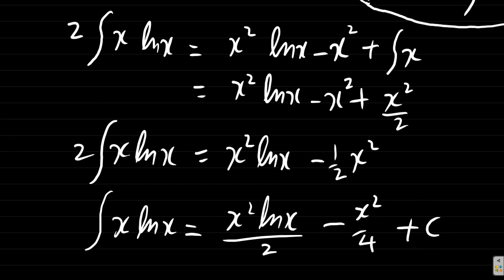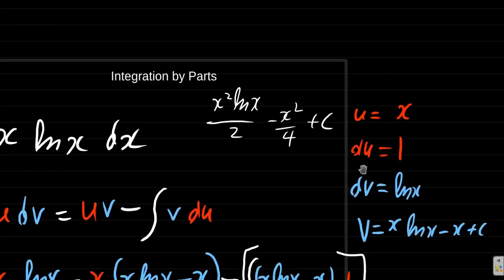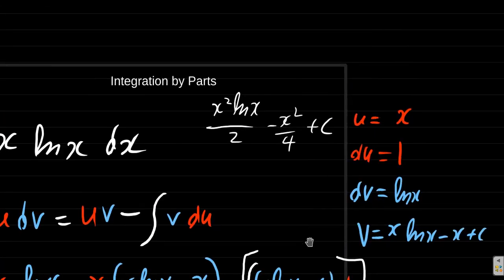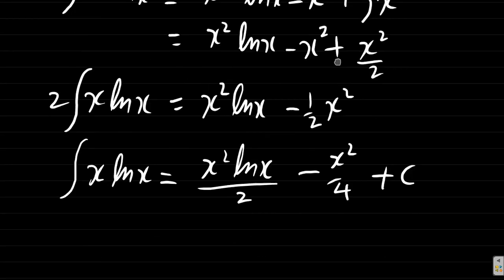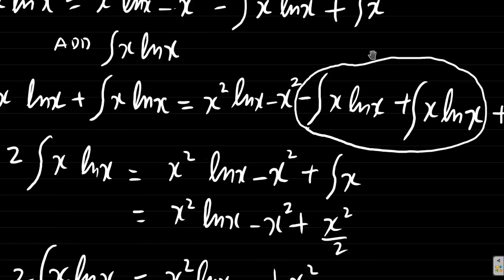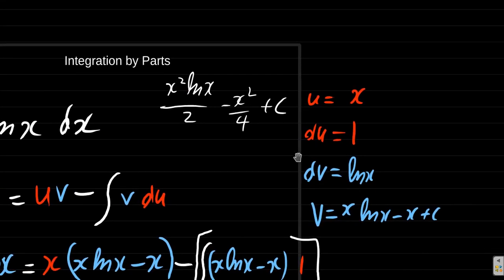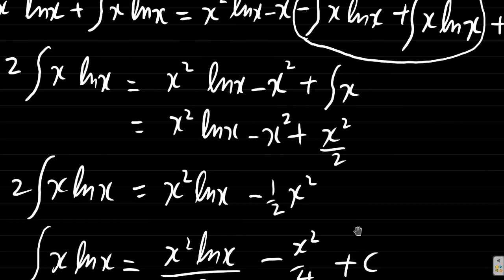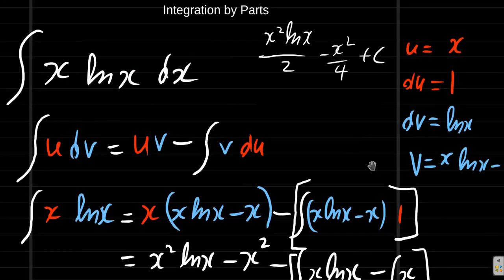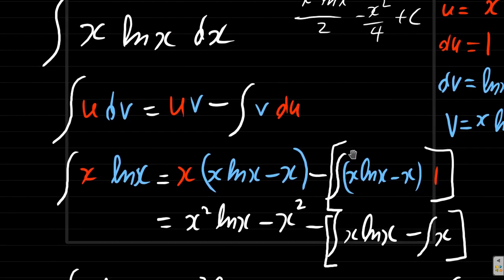Let's compare this with what we had before. x squared ln x over 2 minus x squared over 4 plus c. So you see, we got the same answer.